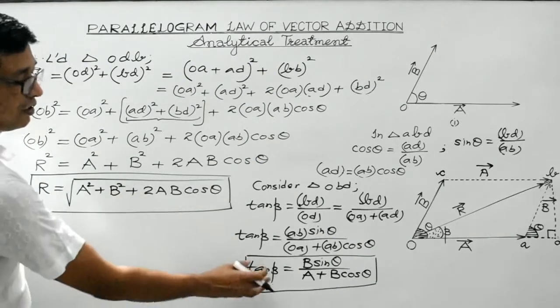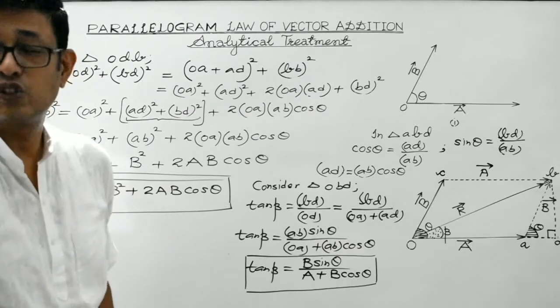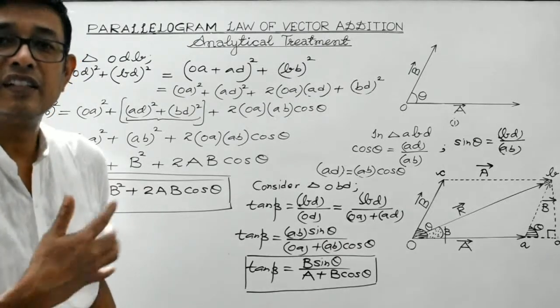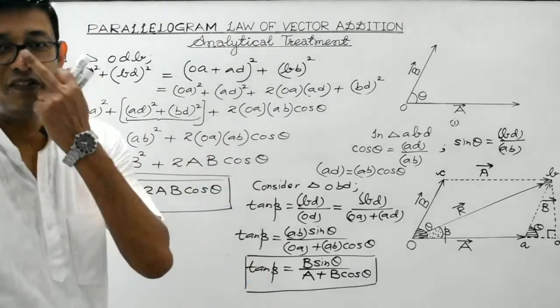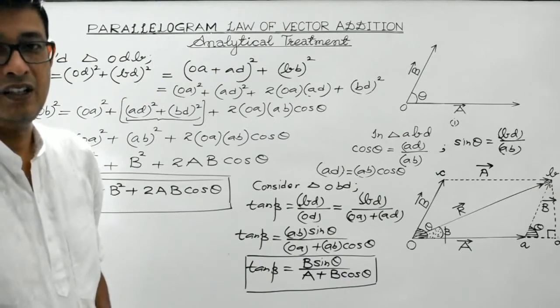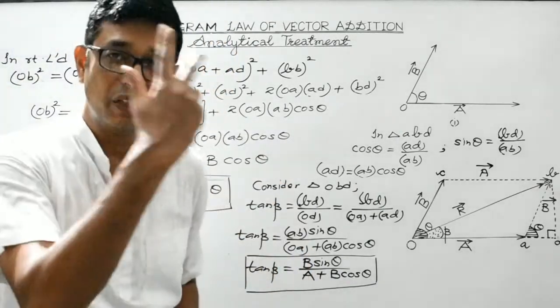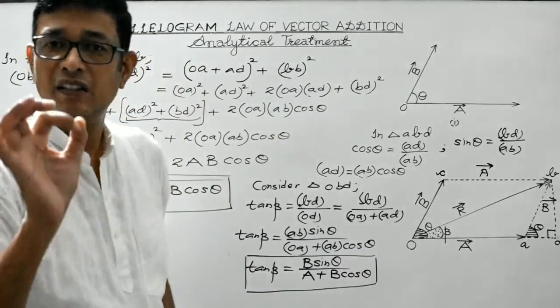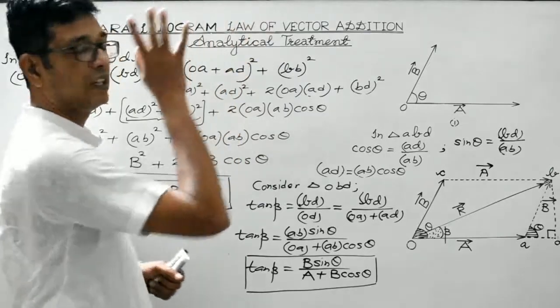So these are the two very, very important results. These two give the resultant both in magnitude as well as in direction. Right? So that's the analytical treatment of parallelogram law of vector addition. So before we start discussing the special cases as was done previously, let us repeat the statement of parallelogram law of vector addition.